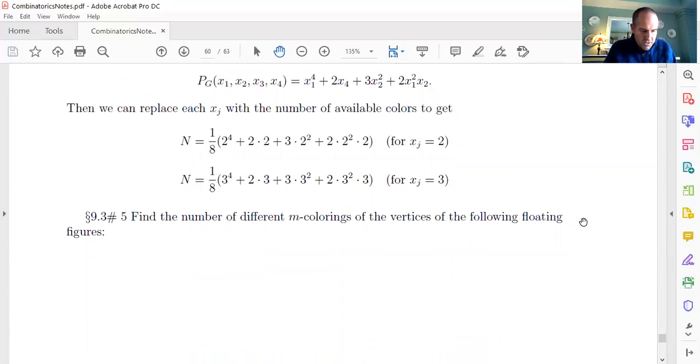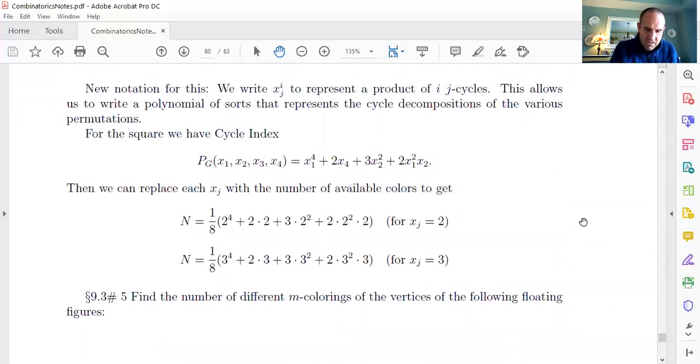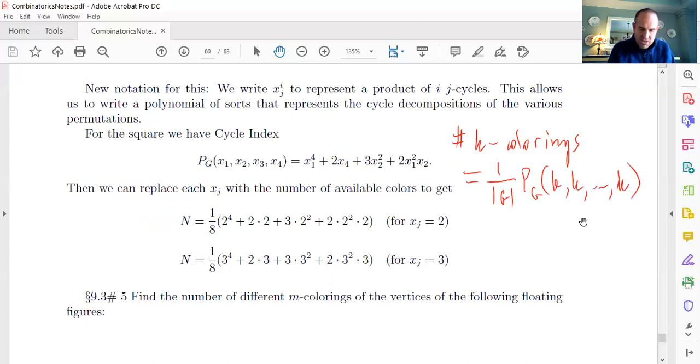In general, the number of k colorings is equal to 1 over the size of the group times P_G, where you just plug in k, k, k for each one of the variables, and it automatically gives it to you. The orbit structure demands it. So that's an amazing thing.